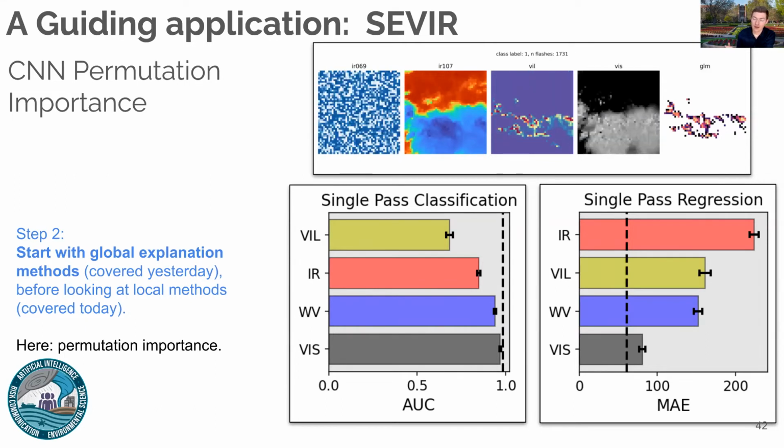While for the infrared and the regression task, it's more informative to know how much of the image has a cloud in it. You would imagine a larger cloud structure would have more lightning flashes. So that's my hypothesis for this result. But remember that permutation importance does have some drawbacks, so it would be good to do the multipass permutation importance as well to do some more diagnosis of this model.